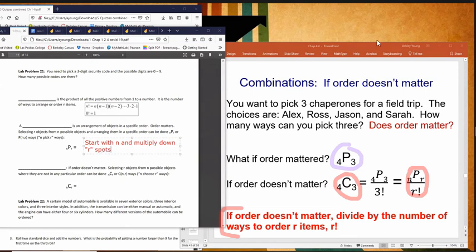So if I have 4P3, I would start with 4, my N, and multiply down 3 spots. There's the first spot, the second spot, the third spot. Does that make sense for folks? Three spots, and then you start with 4.